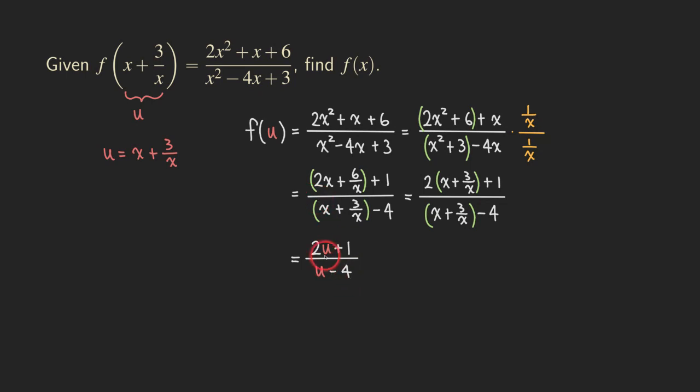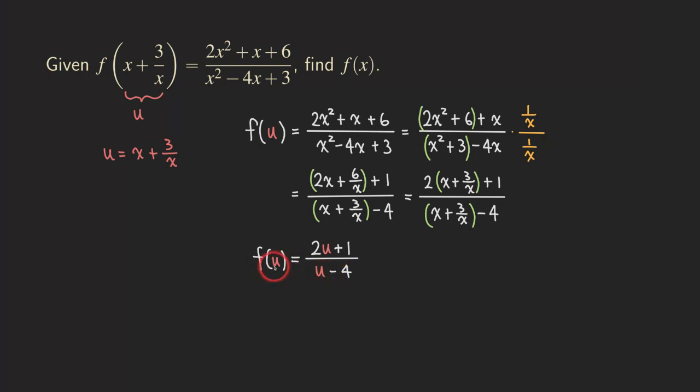Remember this is coming from the f of u. So if you plug u into the function f, then we get 2u plus 1, and then the quantity is divided by the quantity of u minus 4.